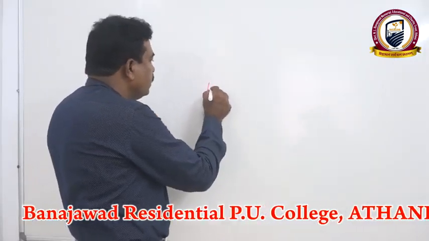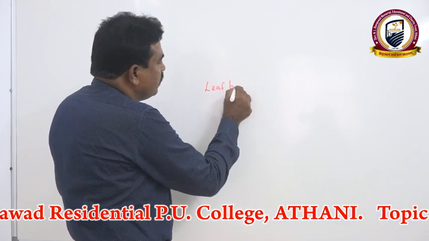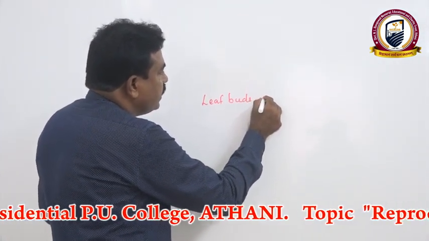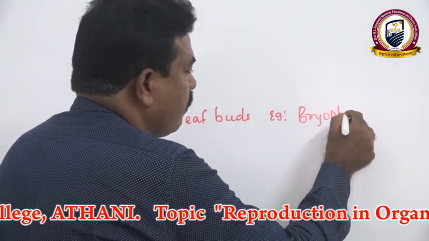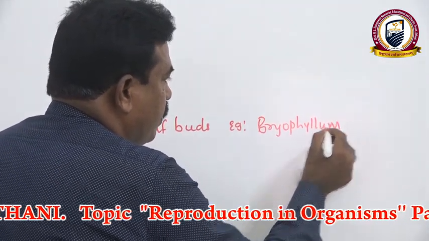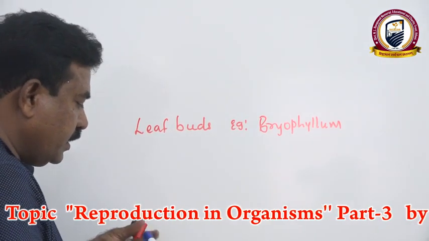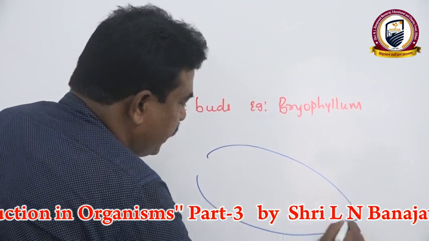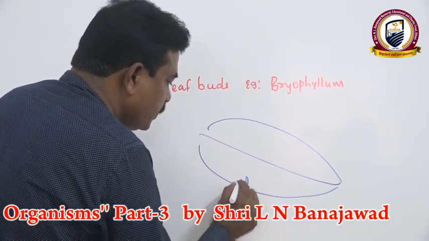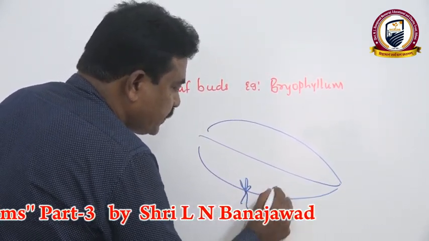Another mode of asexual reproduction is leaf buds. We see it in the case of Bryophyllum, where the leaf margin shows the leaf buds.